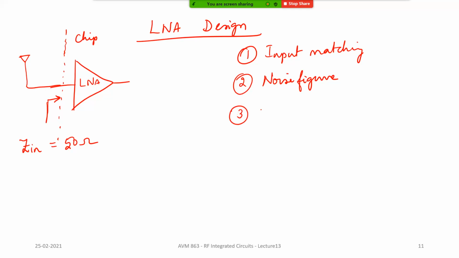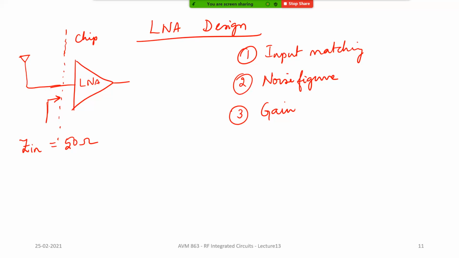And thirdly, what do we need? We need a pretty high gain, because if your LNA's gain is higher, then the noise contribution of your subsequent stages is decimated by the gain of your LNA. So you like to have as high a gain as possible.